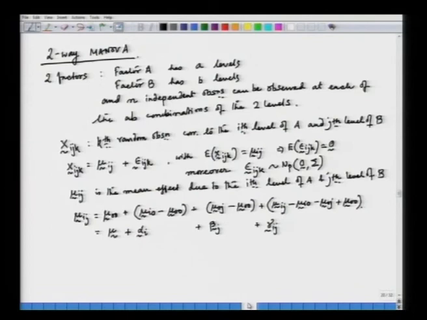Let us go back to it and see what this is. This gamma ij is mu ij minus mu i naught minus mu naught j plus this.